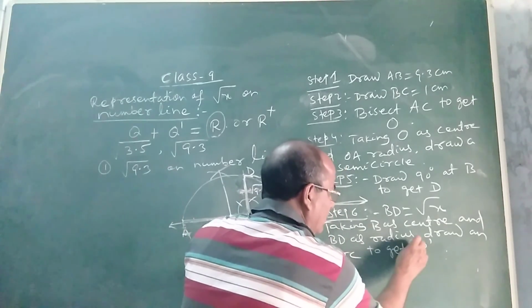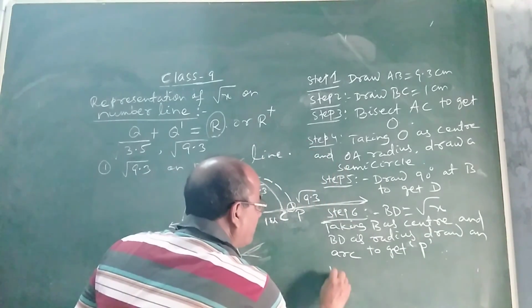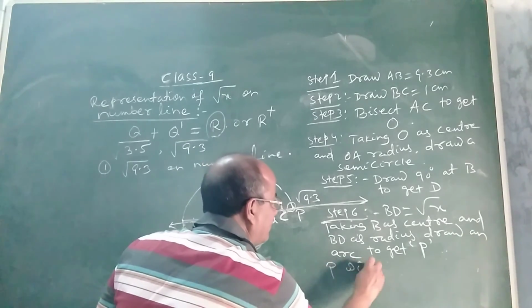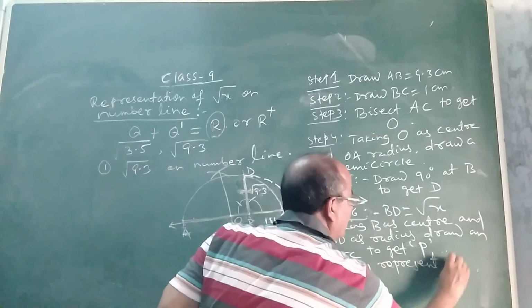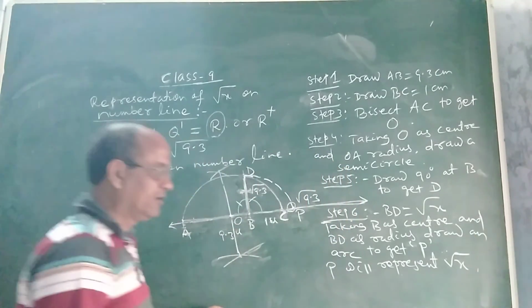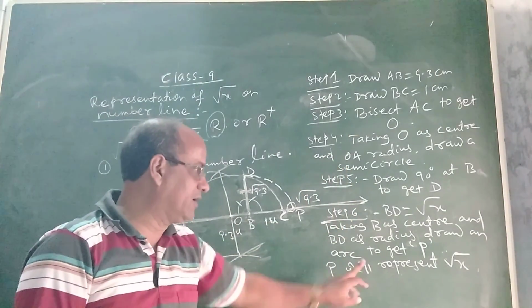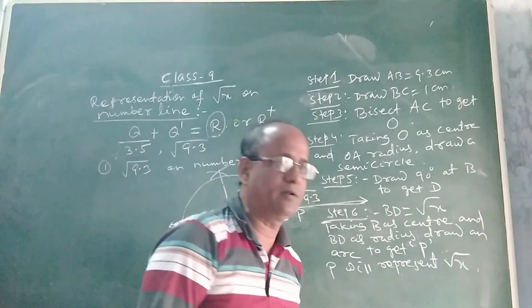P will represent square root of x. So the point P will represent the square root of the positive real number.